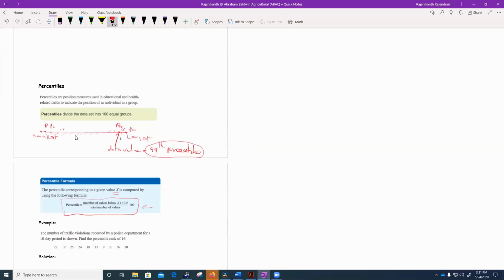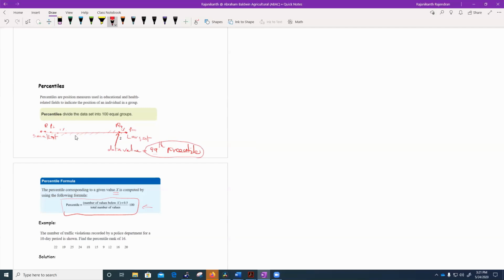This is the catch. Suppose you are given a data value X. Rearrange the data set from smallest to the largest and count how many data values are smaller than or below the given data value. So you just count one by one. Then after getting that number, remember this is a whole number, you are counting the number of data values.